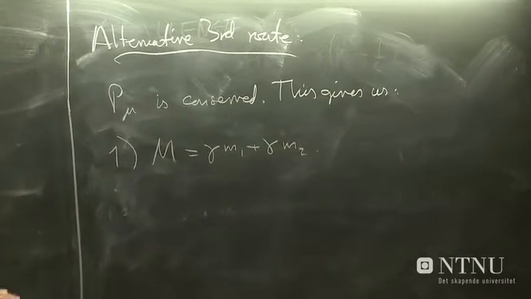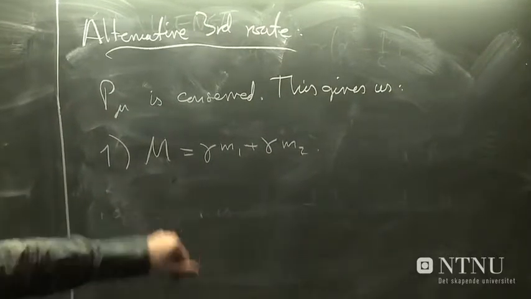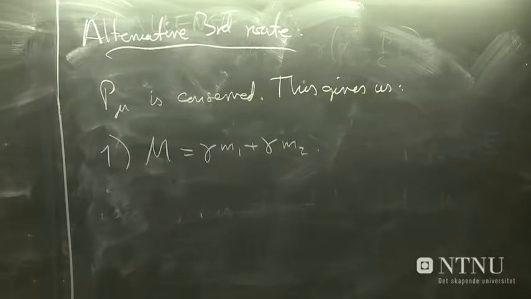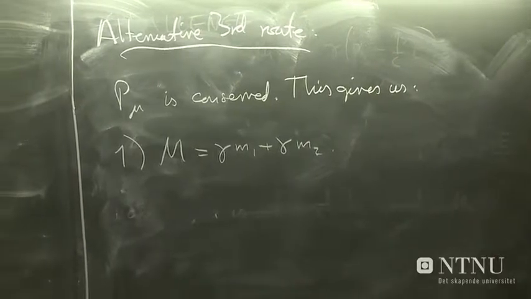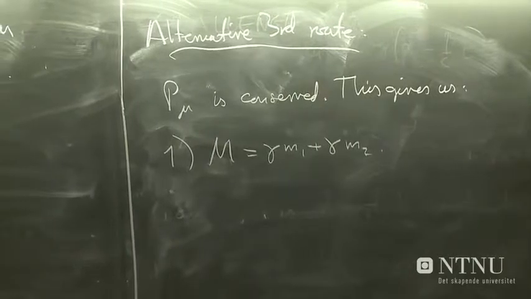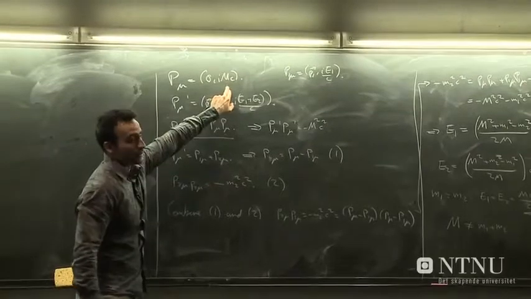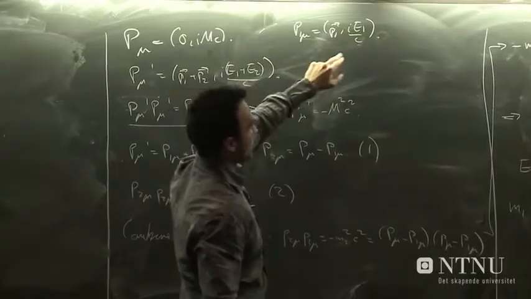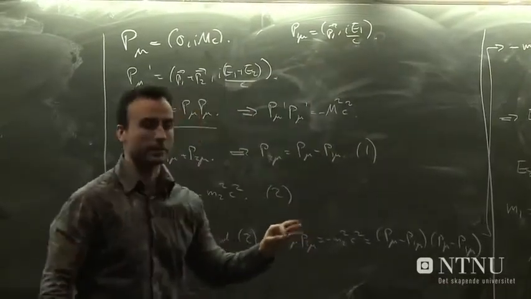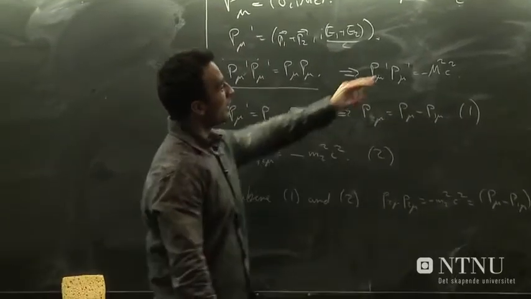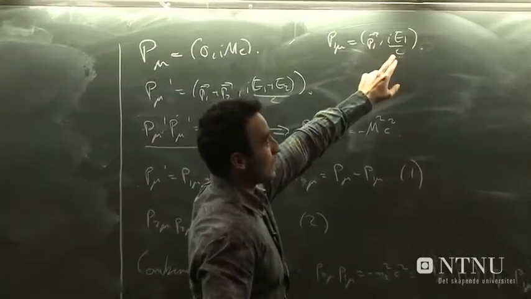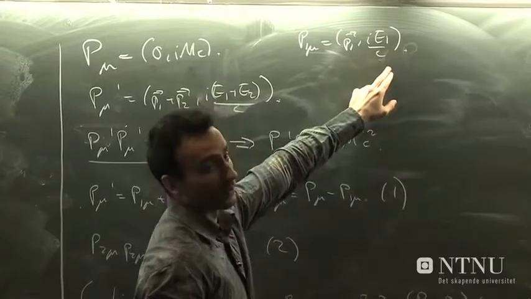That will give us the following equation from the fourth component of the four-momentum vector. So the fourth component here is just iMc, and the fourth component of each of the four-momentum vectors for particles 1 and 2 are iE1 and iE2 over c.